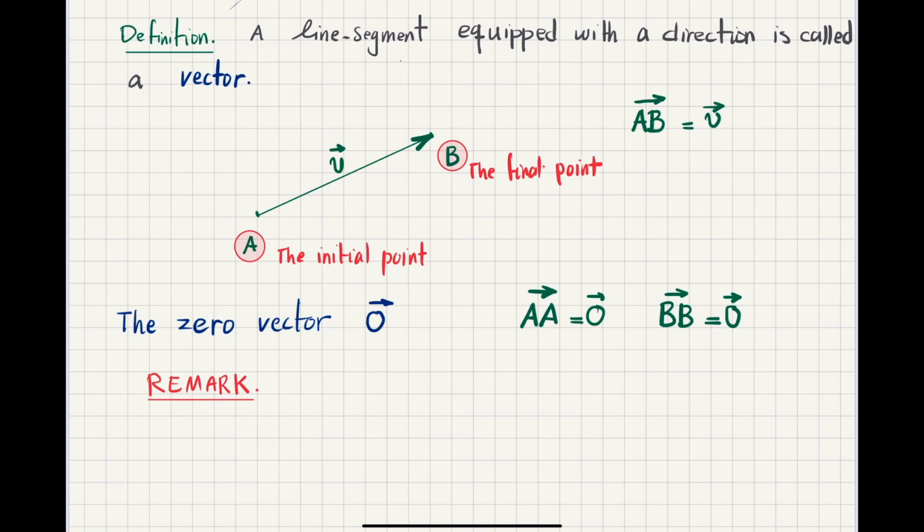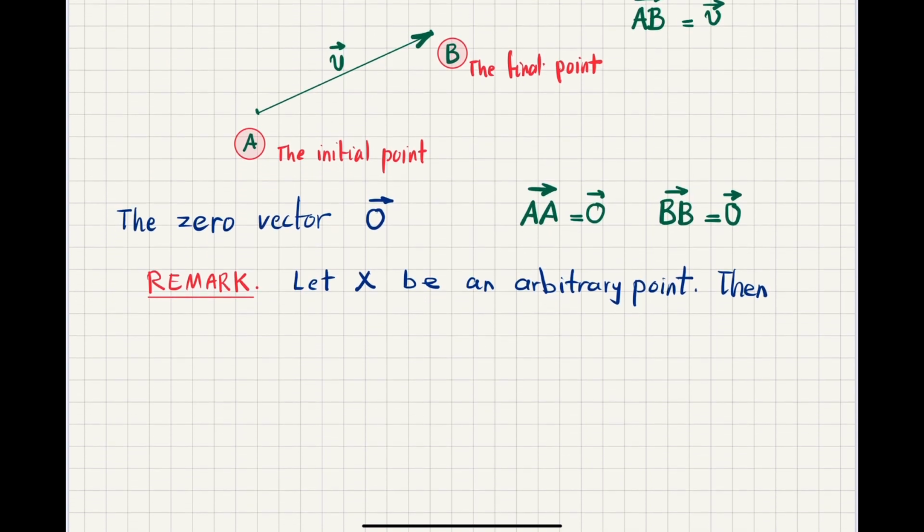Yes, but so I would say that let x be an arbitrary point, then I want you to remember x as a vector is nothing except a zero vector. Okay, so that is good to know.